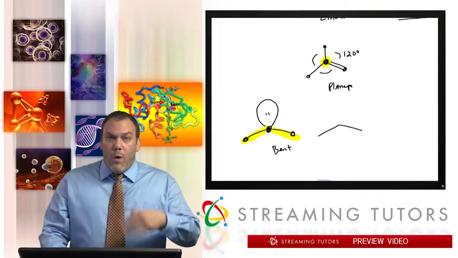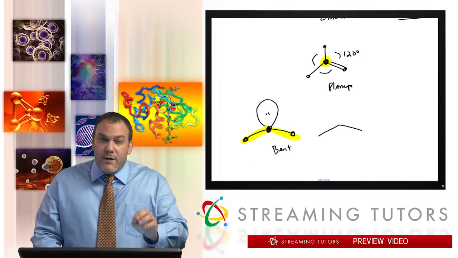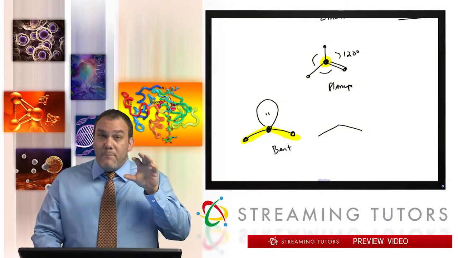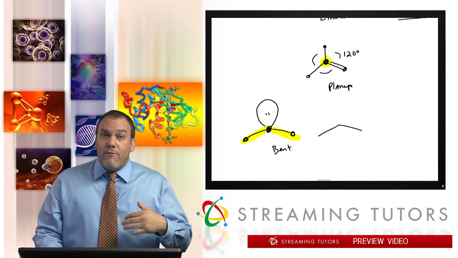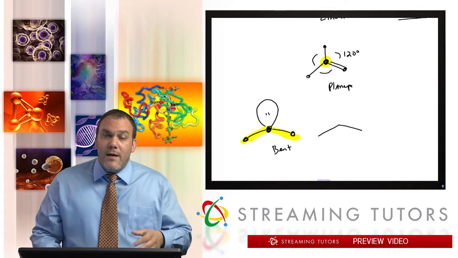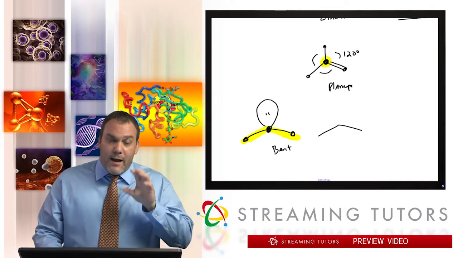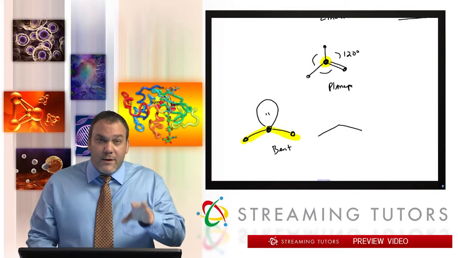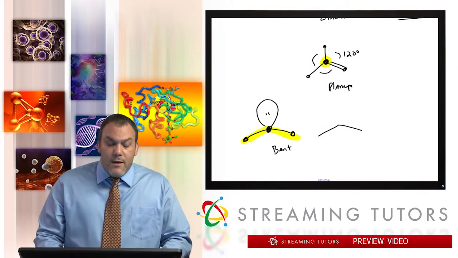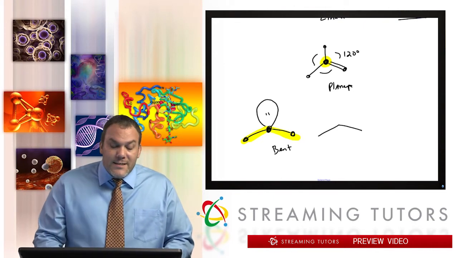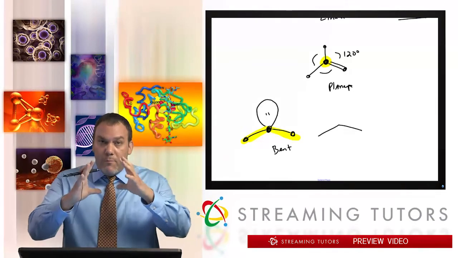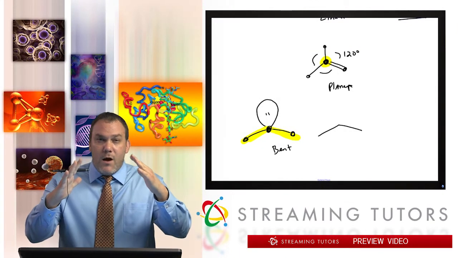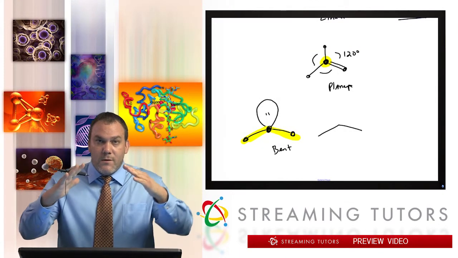So what we need to recognize is that traditionally in our textbook and in class, they're probably going to call this a bent geometry because they refer to it in its molecular geometry and not including lone pairs. We ignore the electrons in our consideration. Okay, now this is not exactly 120 because the lone pair is taking up more space, so it bends those bonds a little bit more than it would if it was not there.